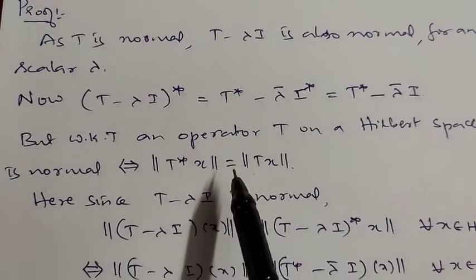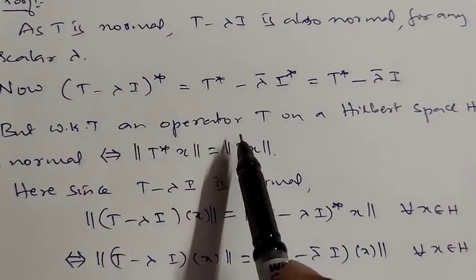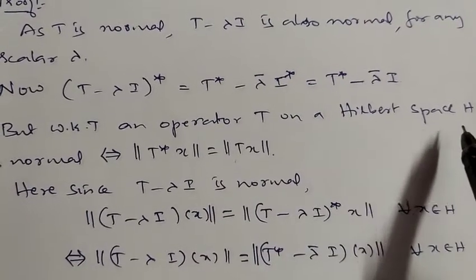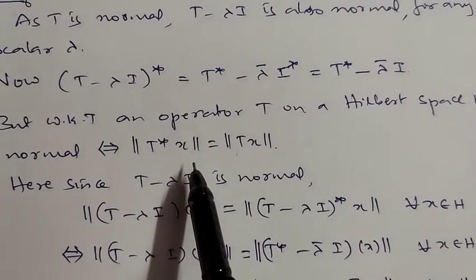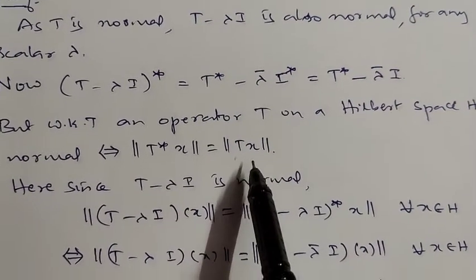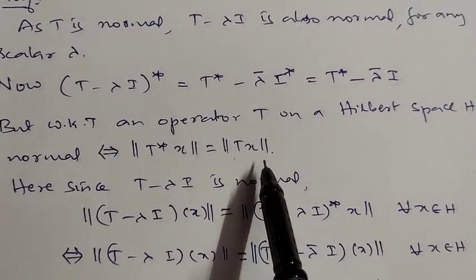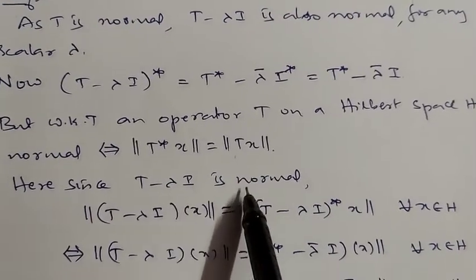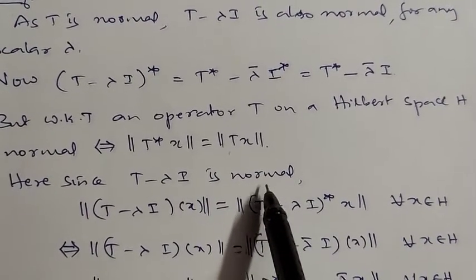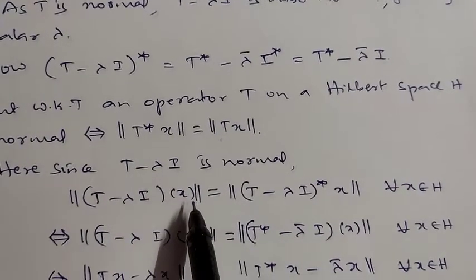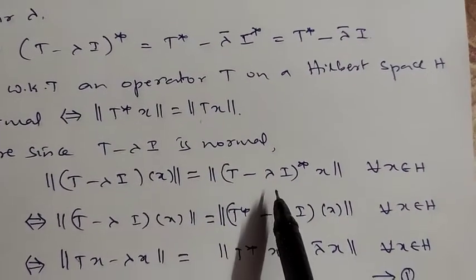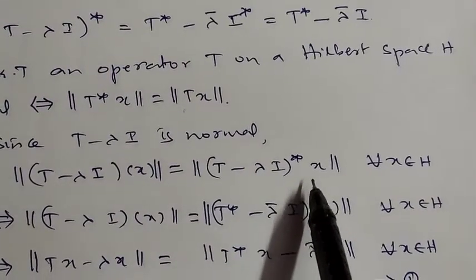But we have proved one result which says an operator T on a Hilbert space H is normal if and only if norm of T star of x is the same as norm of T of x. Here, since T minus lambda I is a normal operator, according to the above result, norm of T minus lambda I of x is equal to norm of T minus lambda I whole star of x.